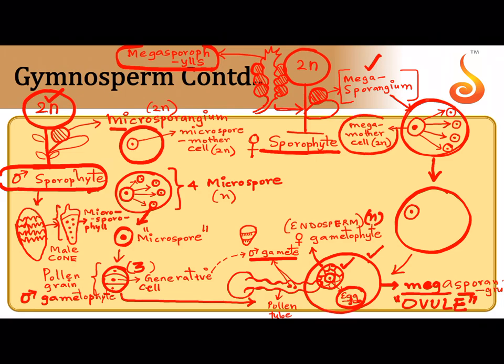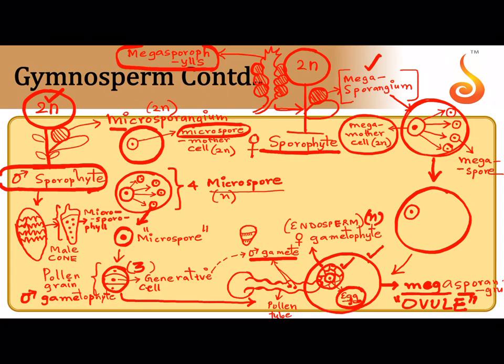Inside the megasporangium there is a megaspore mother cell. Inside microsporangium there is a microspore mother cell. Clear? And the megaspore mother cell and microspore mother cell both undergo meiosis to produce these haploid cells, which are called, in this case they are simply referred to as the megaspore.